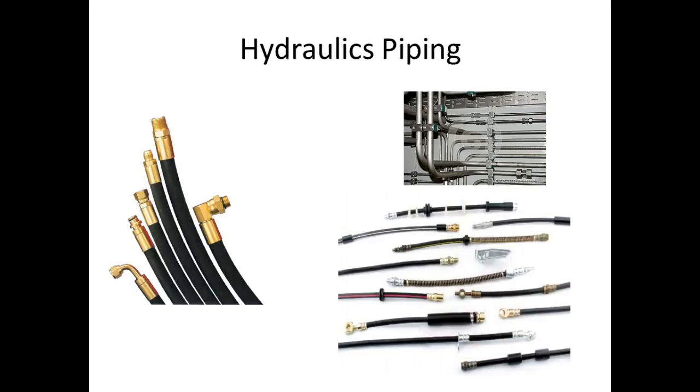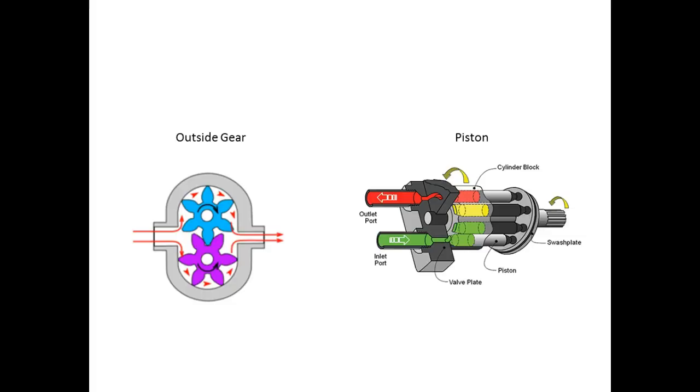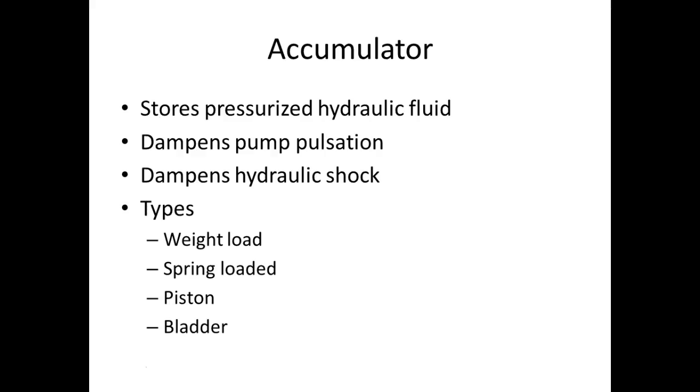Notice your motors can also be used for pumps. We talked about even the guy that made a compressor out of his lawnmower. So we have the piston, the outside gear, inside gears, the accumulator.